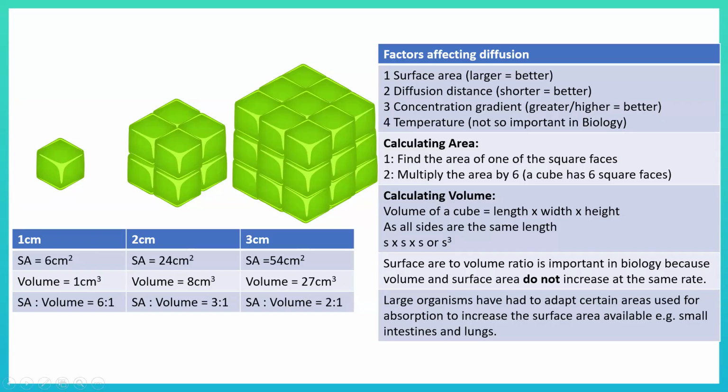So that's 4 centimeters squared face, and there's 6 faces. So we do 4, because it's 2 times 2, 4, multiplied by 6. So that's got an area of 24 centimeters squared. And then this one here is 3 times 3 centimeters, 9, 6 faces. So 9 times 6 is 54.